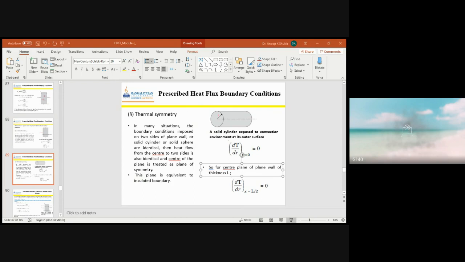So in mathematical form, you can write it like this. Suppose this is the case where a plane wall is exposed to convection boundary at both sides. You can see this is the plane wall, exposed on both sides, where the ambient temperature of the fluid is T infinity 1 on one side and T infinity 2 on the other.